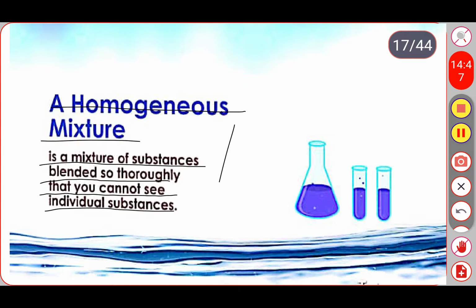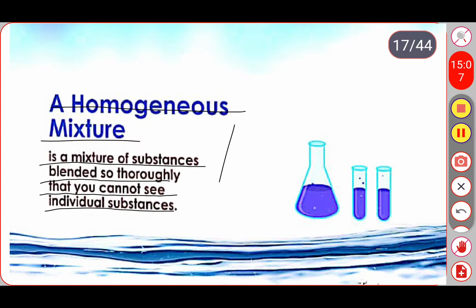It means the two glasses of water have the same kind of chemical and physical properties. Once we add them in a separate container, we cannot separate those substances. So these kinds of substances are called homogeneous mixtures.